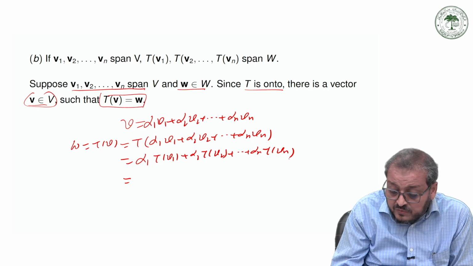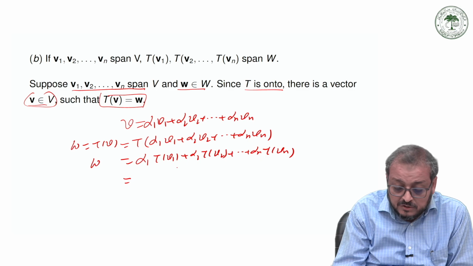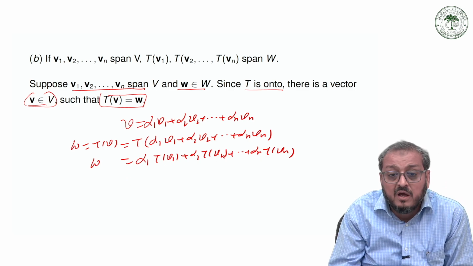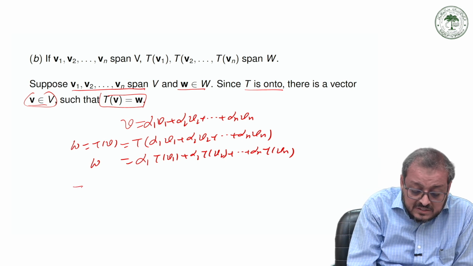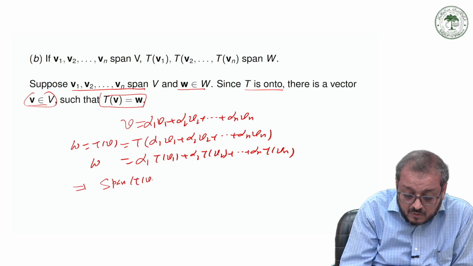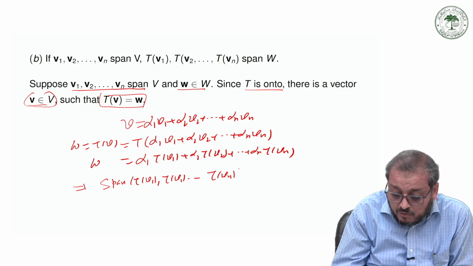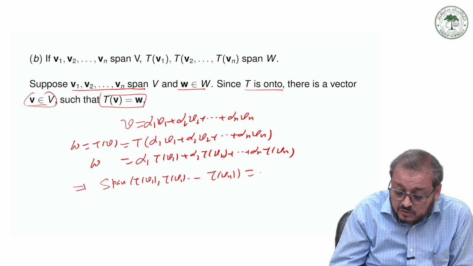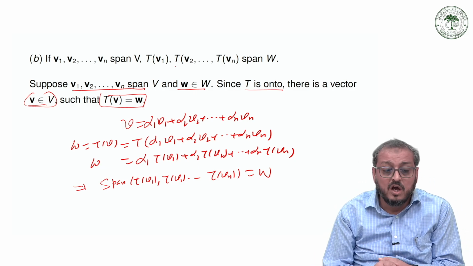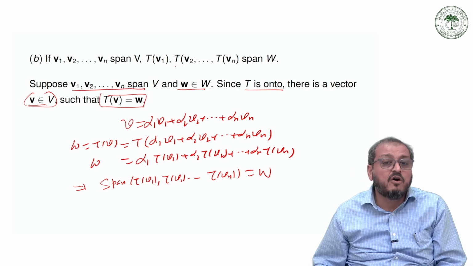That means clearly w can be written as a finite linear combination of the elements T of V1, T of V2, up to T of Vn. So the span of T of V1, T of V2, up to T of Vn is equal to W. This completes the second part of this proof.